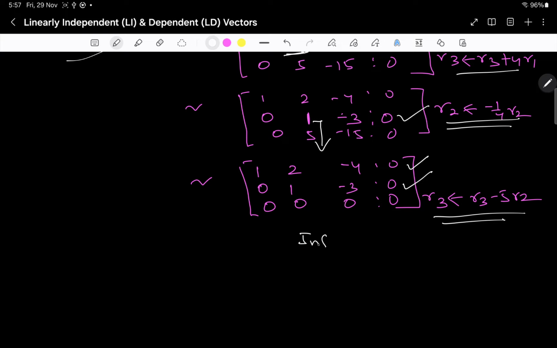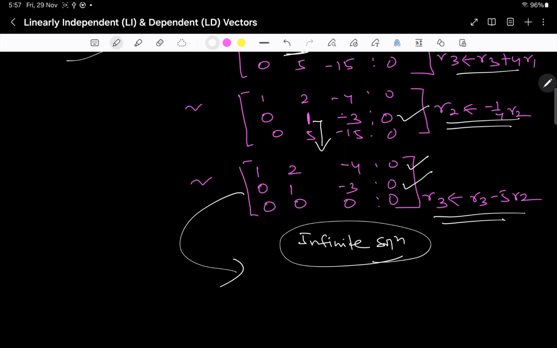It leads you to infinite solutions, right? That means one variable has to depend upon the other. If I solve this here, it is b minus 3c is equal to 0, so b is equal to 3c, right? So here b depends upon c.